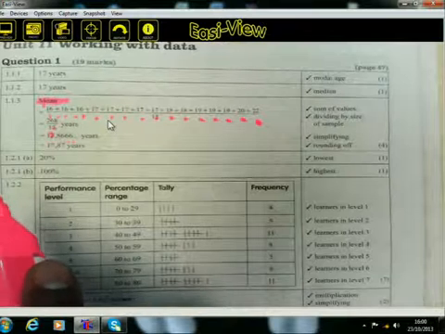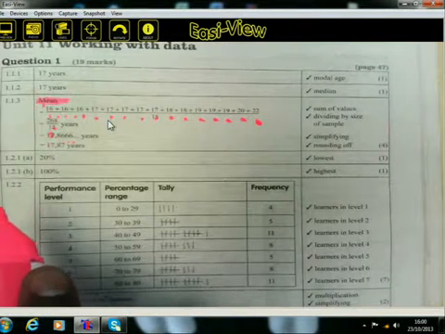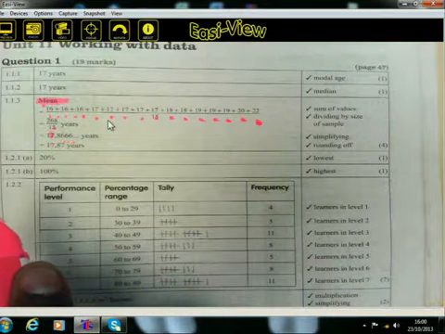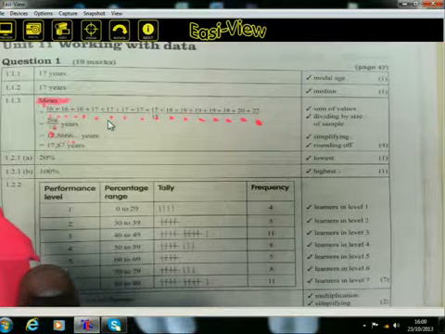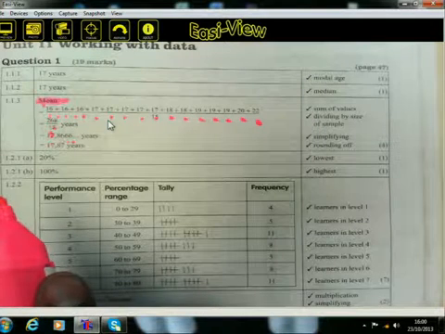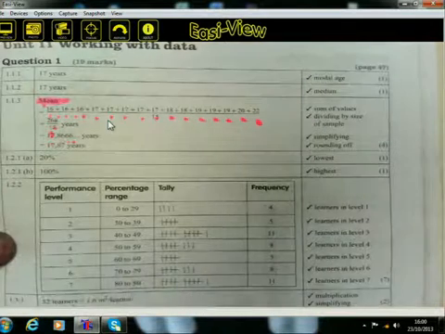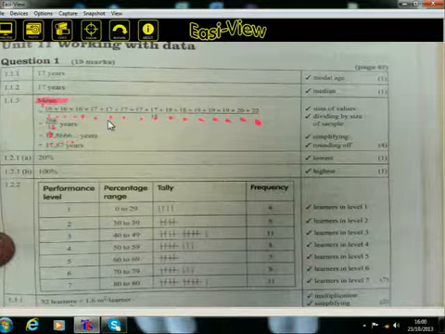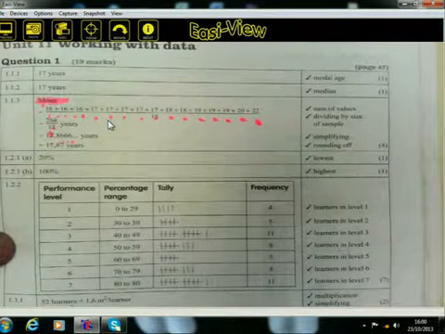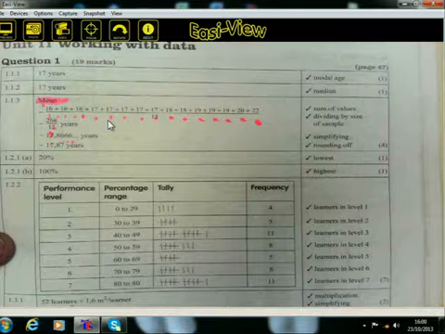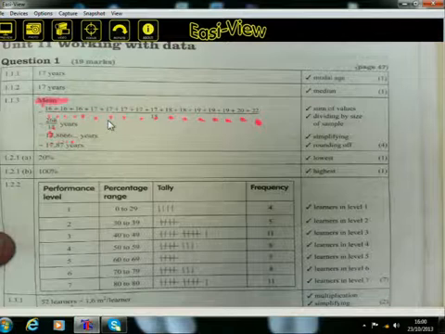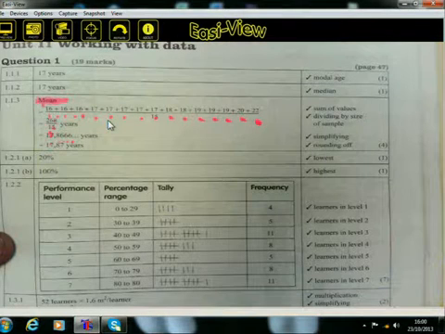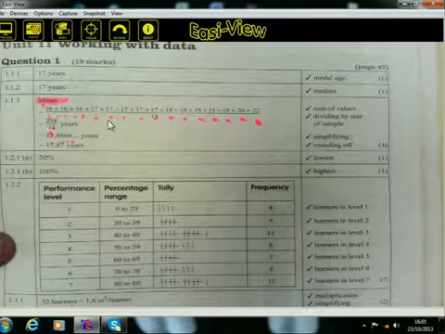Yes. Now remember, what is important here? If you read the instruction on the question paper, it says you round off to 2 decimal places unless stated otherwise. In any question that you go through, even if it's not written, you must know it must be two digits after the comma.